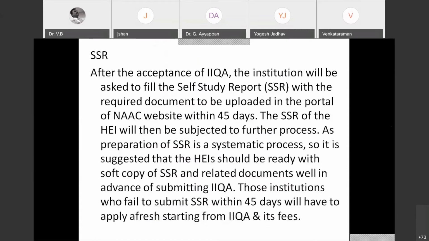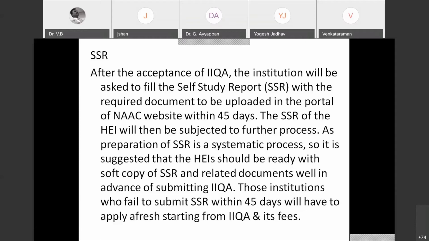So as we said at the end of the first session, after the acceptance of the institutional information on quality assurance, IIQA, NAAC will be sending an email saying that your IIQA has been approved and you are ready to fill up the self-study report.